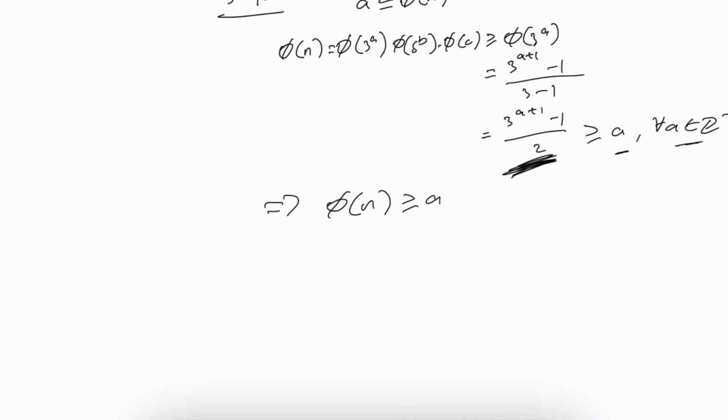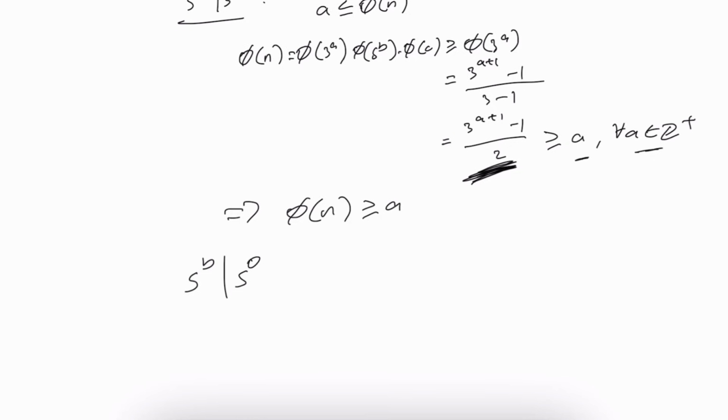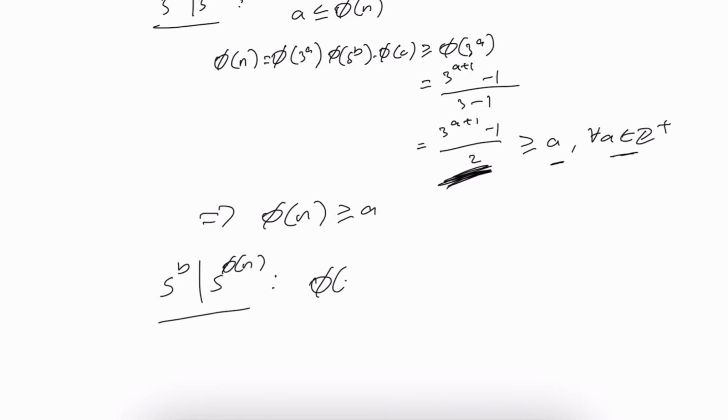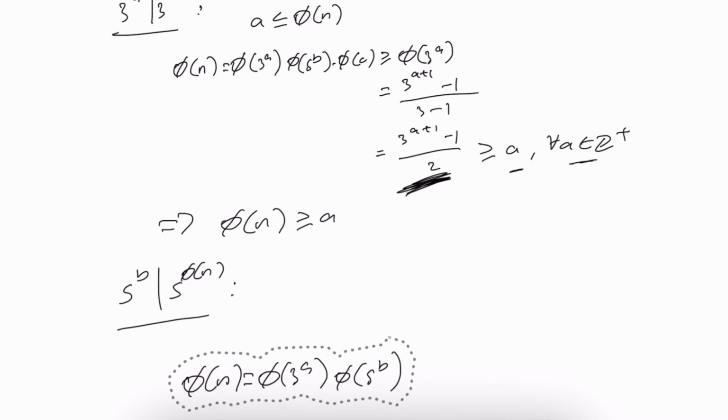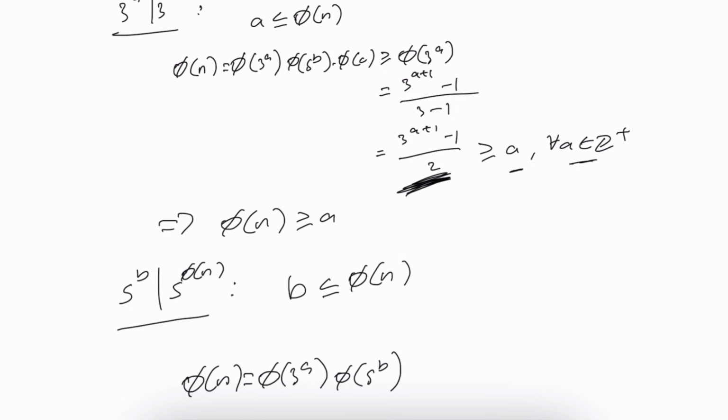And similarly for 5^b dividing 5^(5n), we want to again show that b is less than or equal to 5n.